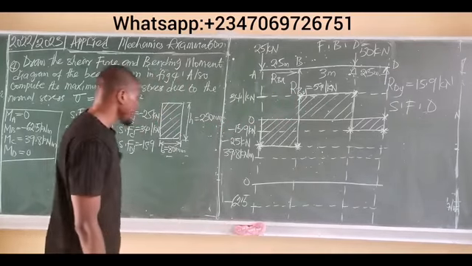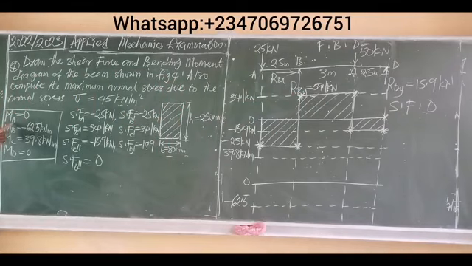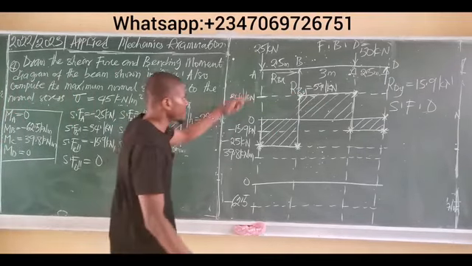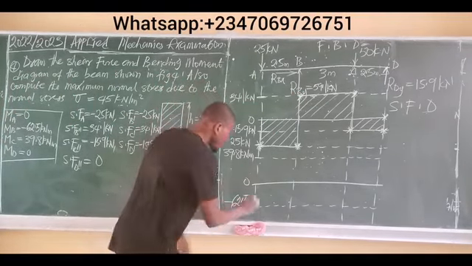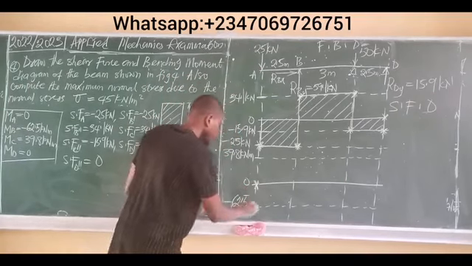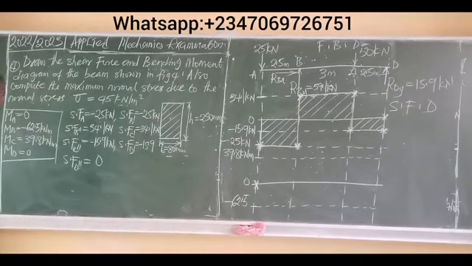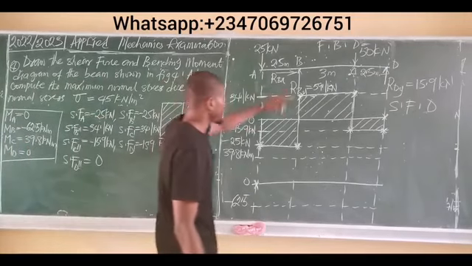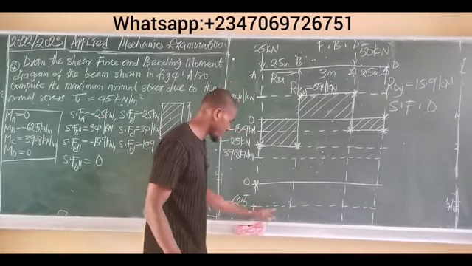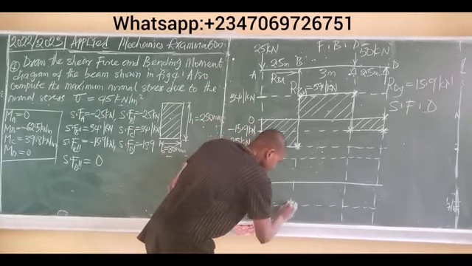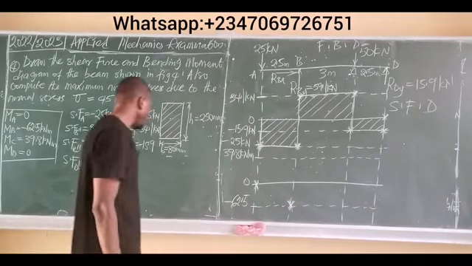You have this. Moment at A is 0. This is line A. This is 0. This is where they meet. You mark an asterisk. Moment at B is minus 62.5. This is line B. This is minus 62.5. This is where they meet. You simply mark an asterisk.